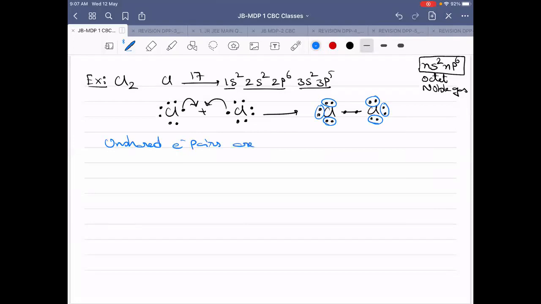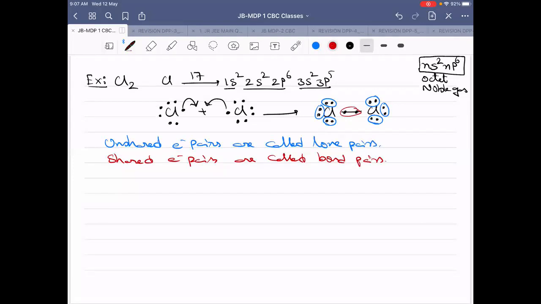Unshared electron pairs are called lone pairs. Shared electron pairs are called bond pairs. This is a bond pair. With this, chlorine is getting an octet, 8 electrons. This chlorine atom is also getting an octet. So both chlorine atoms are reaching octet configurations. Understanding?